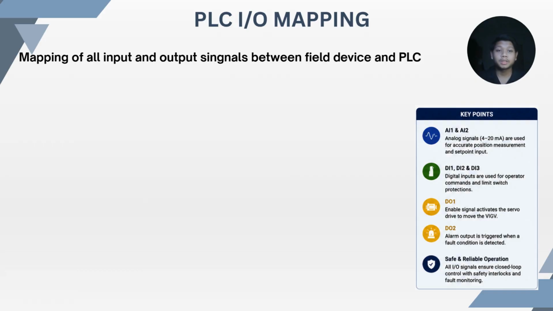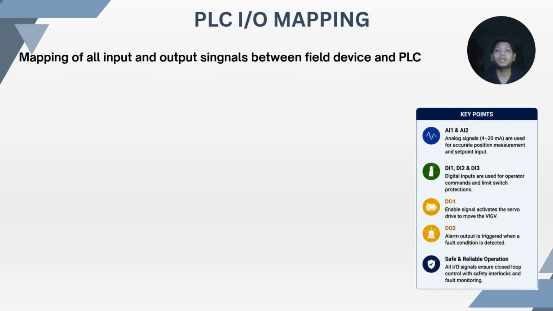Hello, my name is Muhammad Shafi Ilmi. These slides present the PLC I/O mapping of our VIGV position control system. The purpose of the I/O mapping is to define how all field devices communicate with the PLC through input and output signals. On the input side, the PLC receives two analog signals and three digital signals.